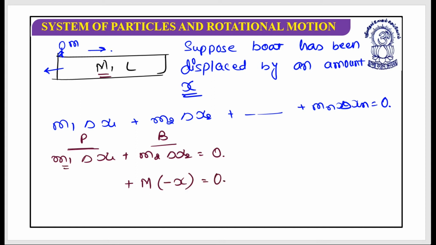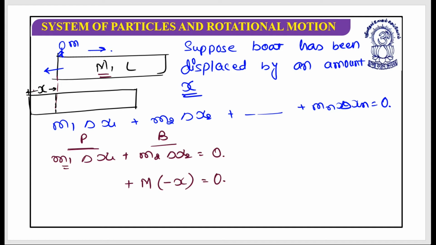Now let's talk about the person. When the boat has been displaced, it is something like this: this is the initial situation, and now the boat is going to be displaced in this direction, so that it has displaced by x.